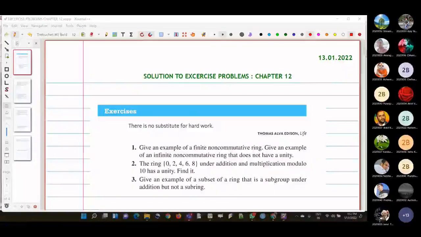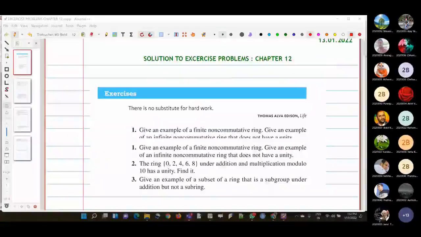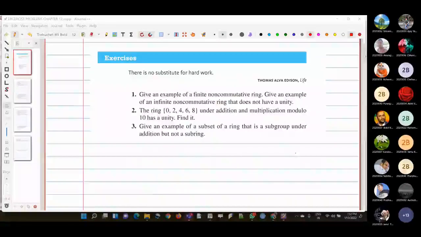Question number 1 says: give an example of a finite non-commutative ring. And another example they wanted: an example of an infinite non-commutative ring that does not have a unity. So these kinds of examples of a non-commutative ring, we can get in matrices, as I have told you before.